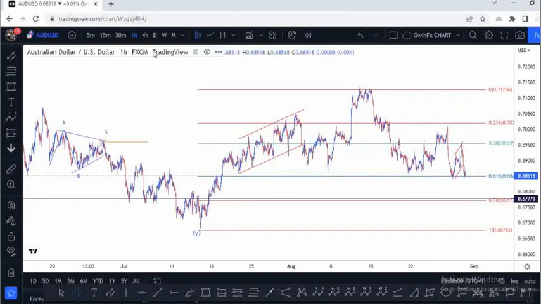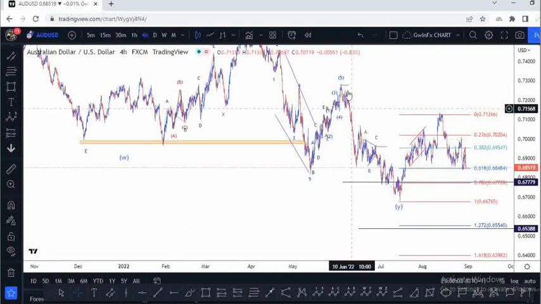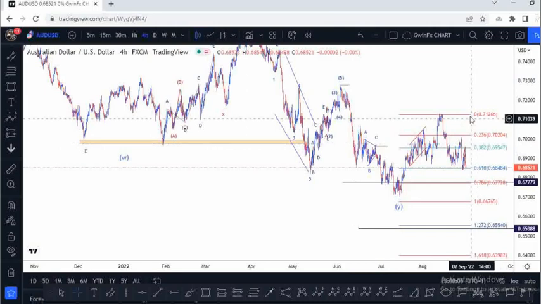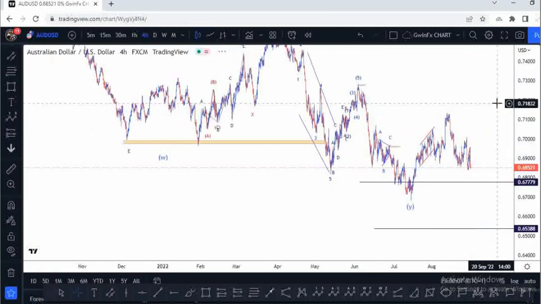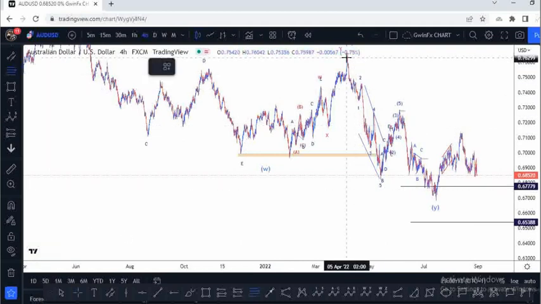So there's a great possibility that we might be working out a different wave count. Let's look at a possibility that price could have hit some sort of areas before bouncing off.